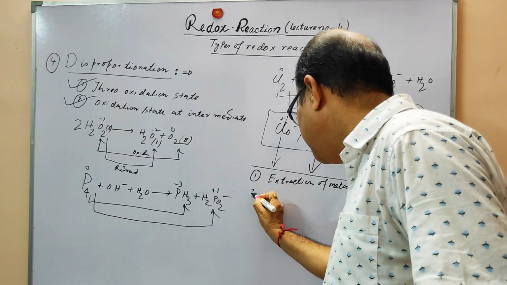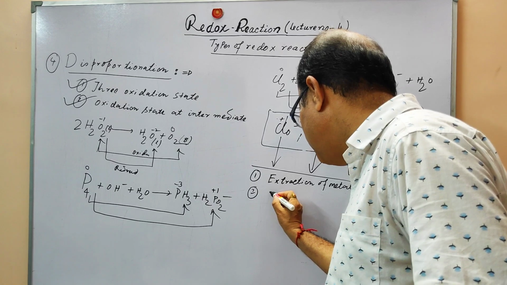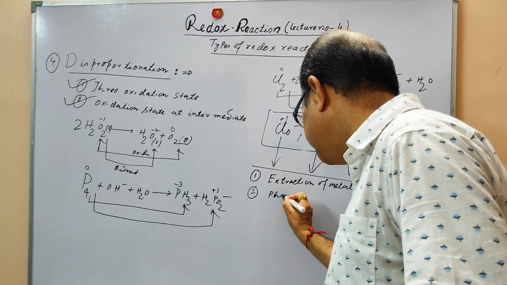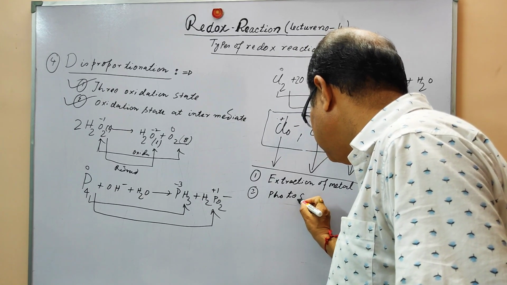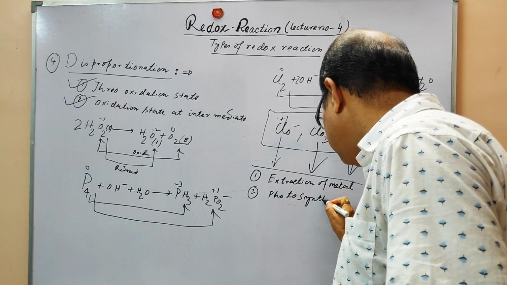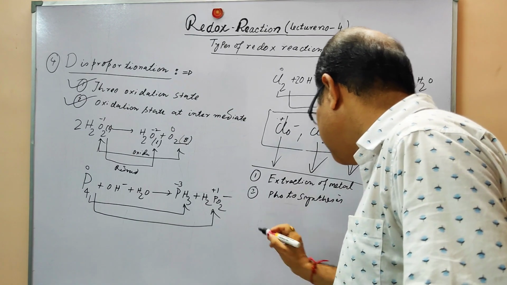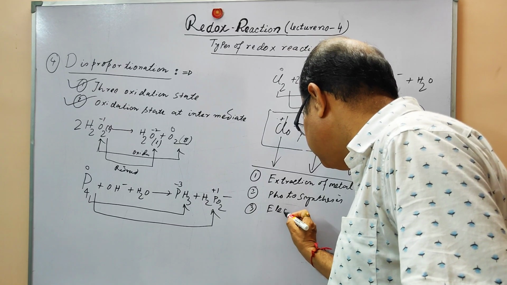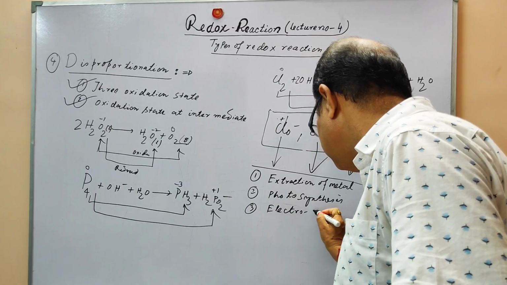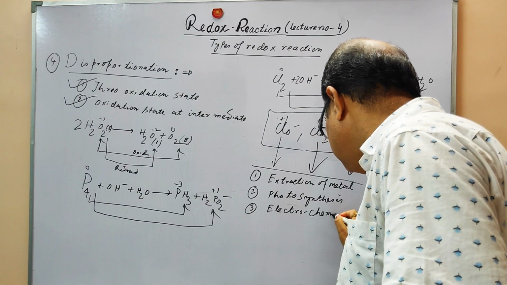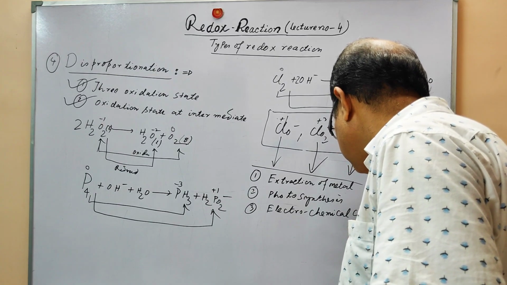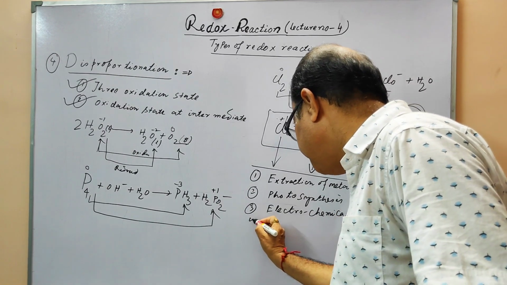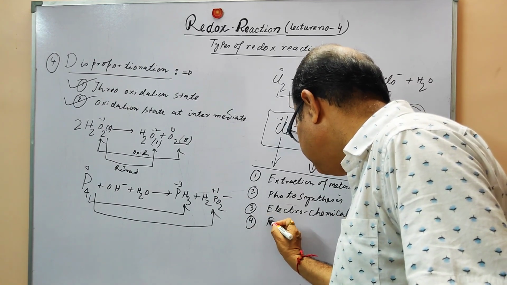Number one, extraction of metal. Number two, it can be used for photosynthesis. Number three, electrochemical cells. Number four, for energy.